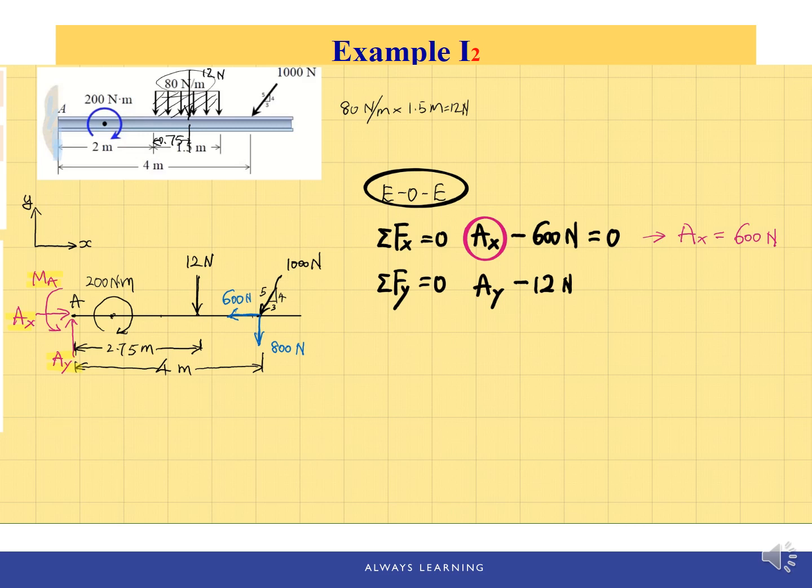And we also have this 800 Newton force pointing down, and that will be it, right? And in this equation, we again just have one unknown, which is Ay. So we can solve Ay directly.